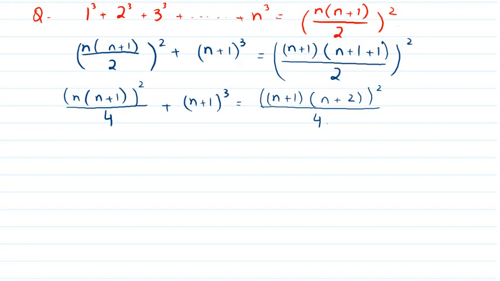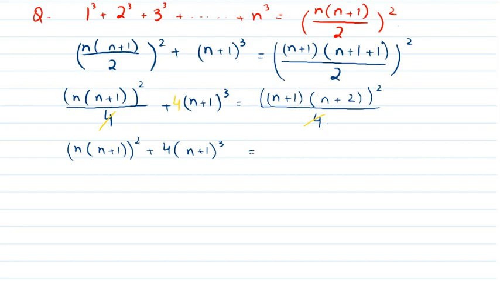I hope it is clear till here. Okay ji, upon taking the LCM, that is multiplying and dividing both sides by 4, this will cancel out and 4 will be multiplied here. It is like this, right? Now let's move forward. What I am left with is n times n plus 1 whole square plus 4 times n plus 1 cube, right?